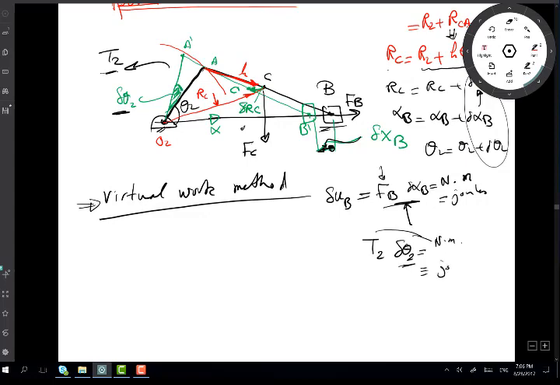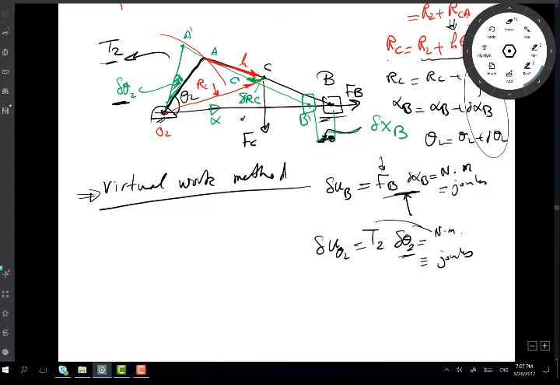So this here is also joules. This is also infinitesimal work, which is happening at link number 2. I can call this delta U theta 2, just to give it a name. Those are all infinitesimal works.